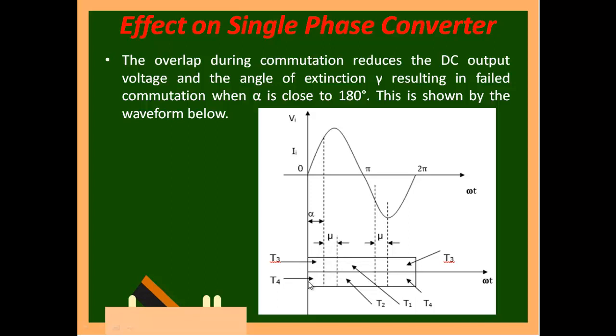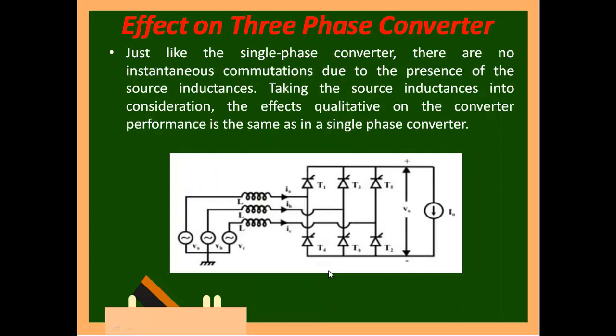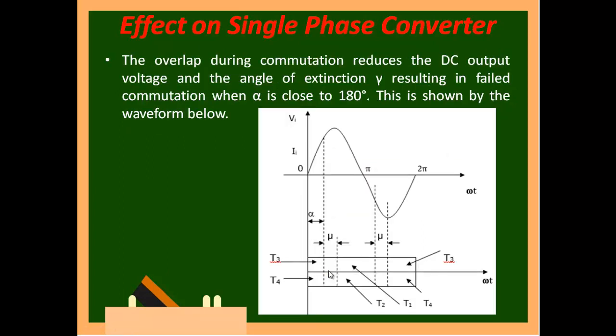This is T3 T4, no issue. When you come here, it is T3 T4 T1 T2, then this is T1 and T2. So in this instant alone all four will be there. This will make your circuit a mere short, so during this portion your output will go to 0, as you are nearly shorting. This results in failed commutation when alpha is close to 180, as shown in the waveform below.